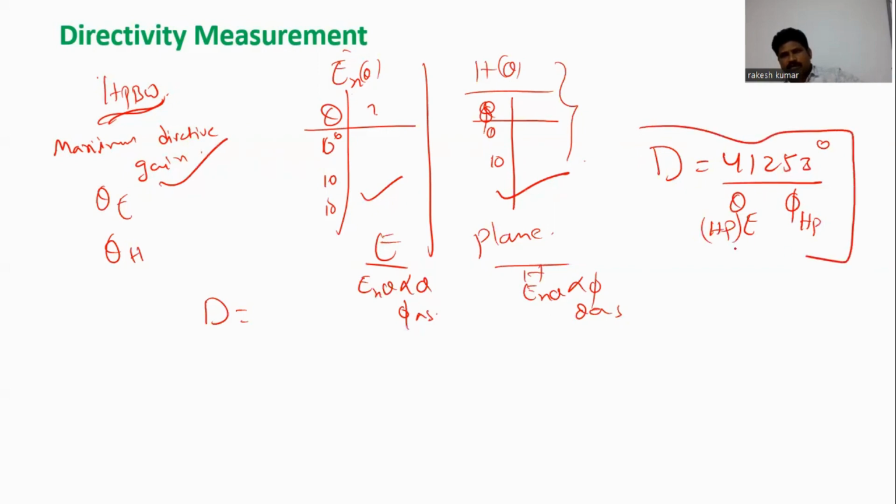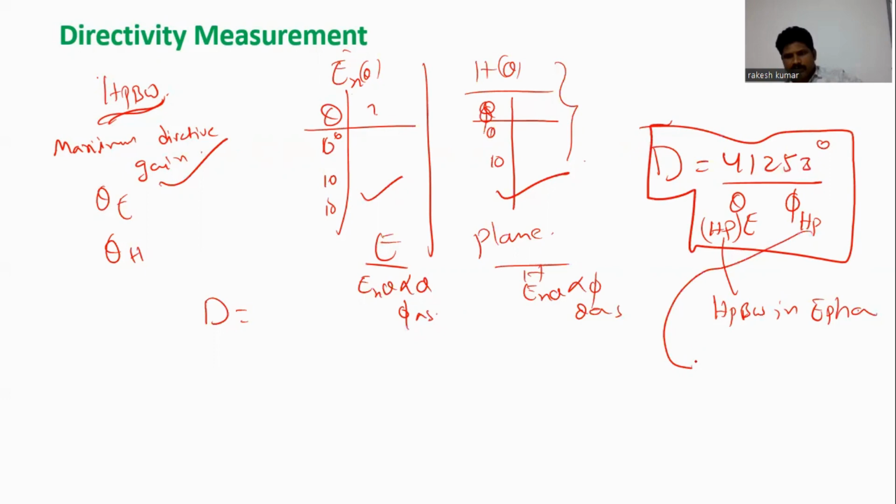So this is the formula for the directivity, and this is how we can measure the directivity of an antenna.